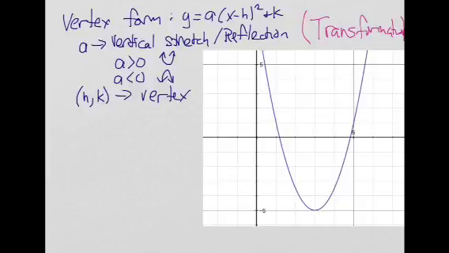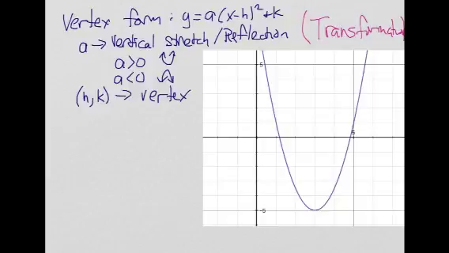So the points h and k: h is just your horizontal shift, k is your vertical shift, so that gives you the vertex. That shows how the vertex is shifted. A is just your stretch factor, and it also will give you your reflection. If it's negative, it's flipped vertically, it's upside down. So if a is positive, it's happy, smiling. If a is negative, it's sad, it's frowning.